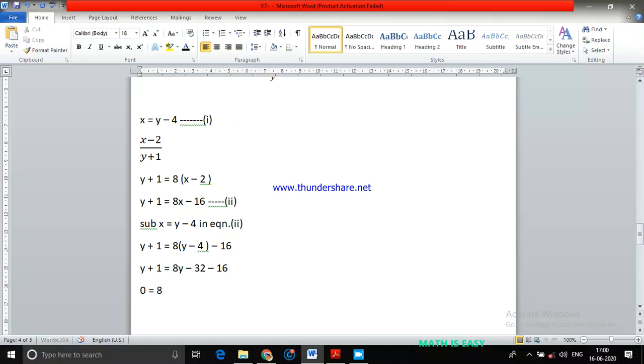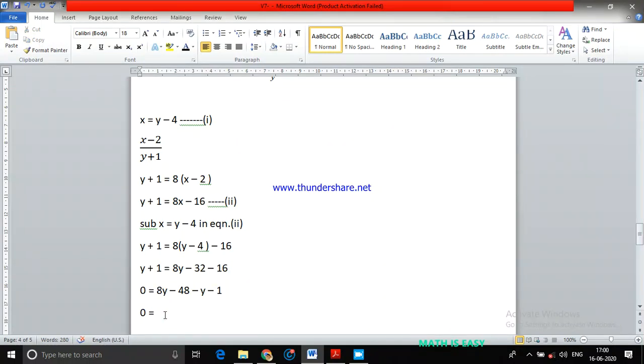So what do you have here? 8y minus, can I add these two numbers? Minus 32 minus 16 will be minus 48. Then this plus y and plus 1 will come to this side as minus y, then minus 1.